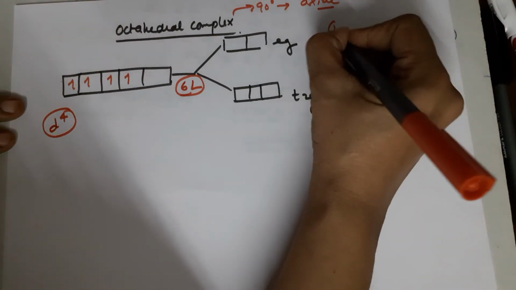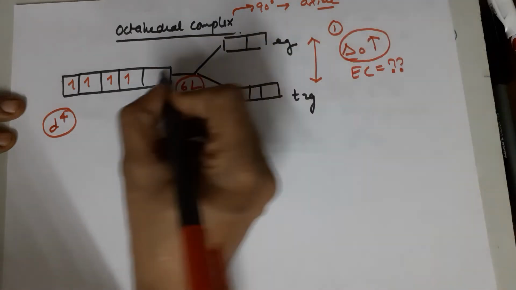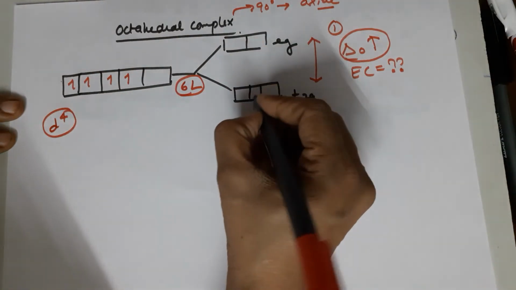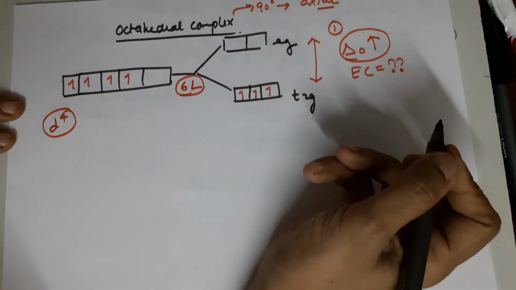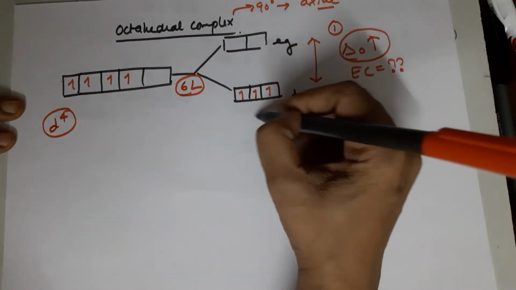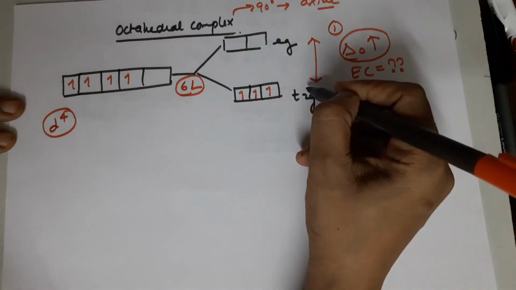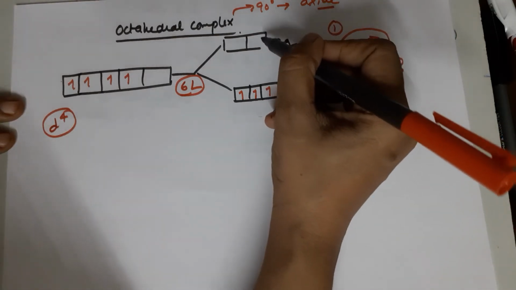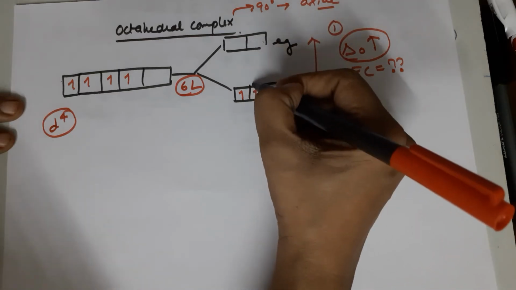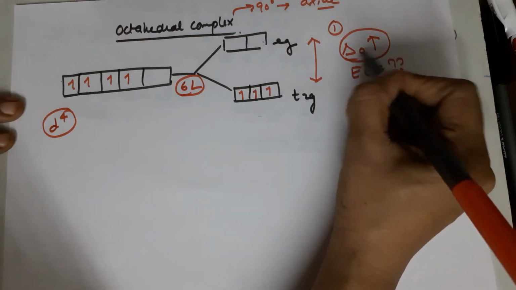If delta naught is high, it means you have to fill these 4 electrons in these. Let us start filling them. 1, 2, 3. This much is easier because this is lower in energy. They will be filled first according to Aufbau. Now what about the next electron? Will the next electron move up? That depends on the energy difference. As I said, the energy difference is large.